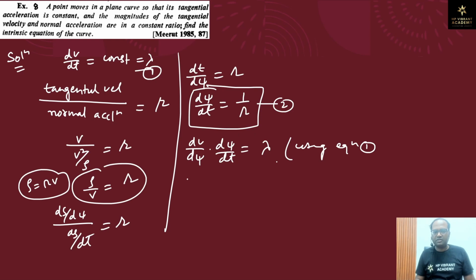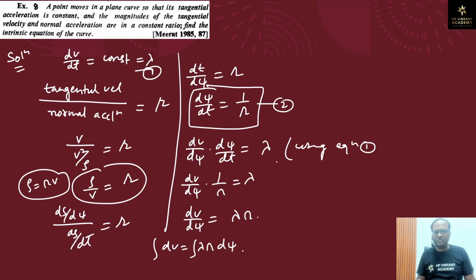Let us put this value here: dv upon d psi into 1 upon mu is equal to lambda. So we have dv upon d psi is equal to lambda into mu. So dv is equal to lambda mu into d psi. Let us integrate this. So we have v is equal to lambda mu into psi plus k.